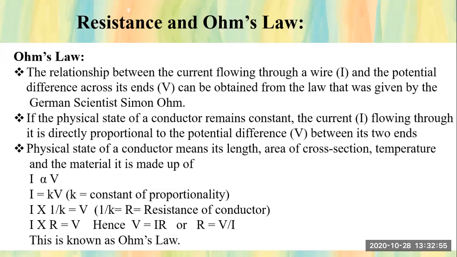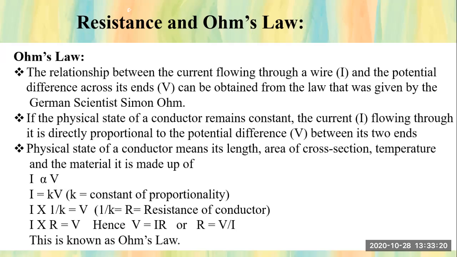Now what is physical state? Physical state of a conductor means the physical state of a wire, whatever the conducting material is. So physically, what will the physical appearance be? It might be the length of the wire. Okay. Now area of cross section, how much thickness is there, how much area is there of that wire.